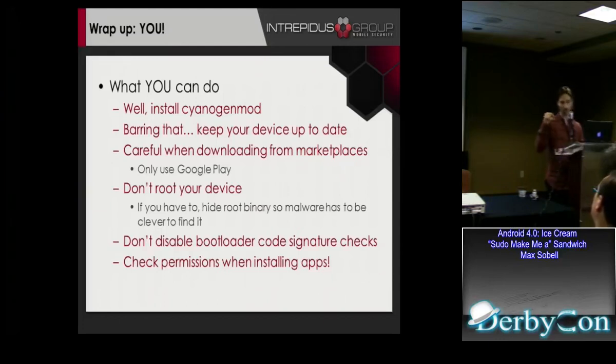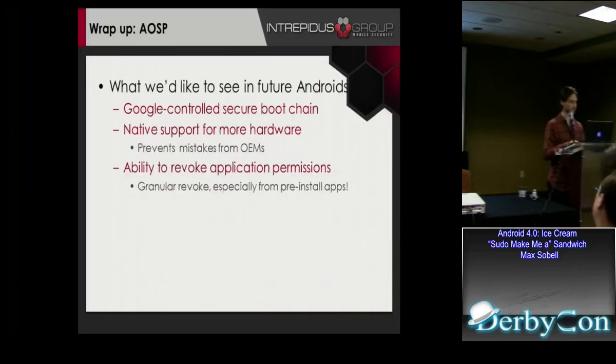If it makes you check the unknown sources box, it's not checking signatures anymore. Don't root your device. If you do root it, just hide the binary, make it your own special name. If you want to unlock the bootloader, maybe lock it after you're done. And then most importantly, check permissions when you're installing apps.